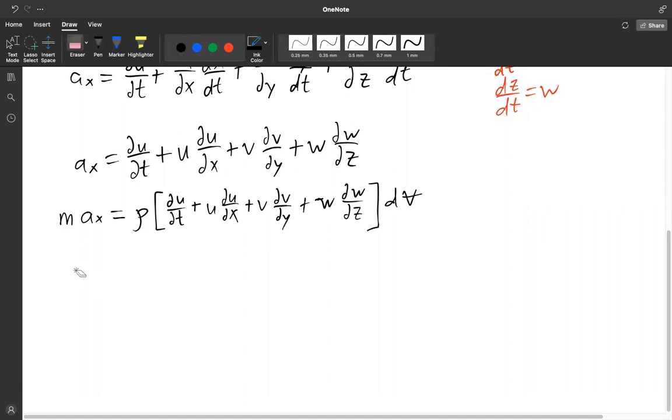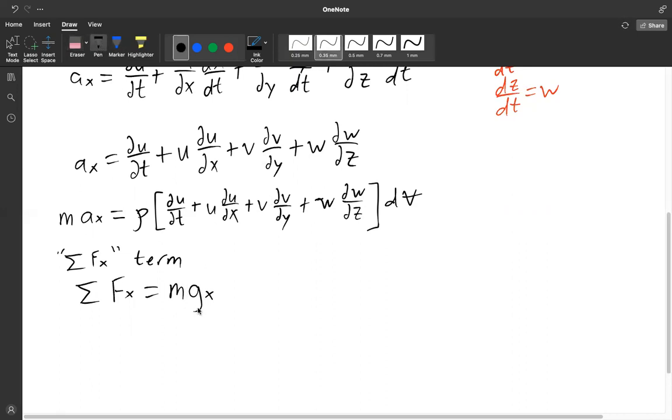Taking a look at the sum of forces in the x direction, we know that the sum of forces in the x direction will equal m times gx, or any other body forces such as electromagnetic forces or gravitational forces, but for this example, we'll use gravitational force.